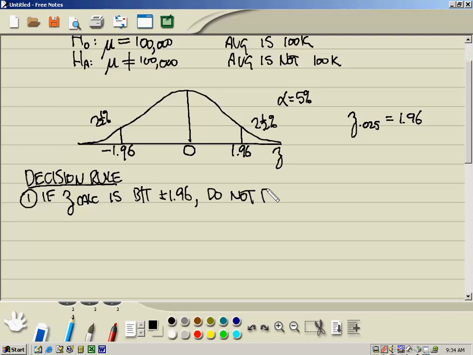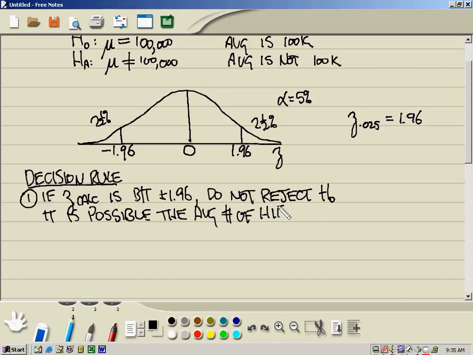Do not reject the null. Okay, it is possible the average number of hits per day is 100,000.